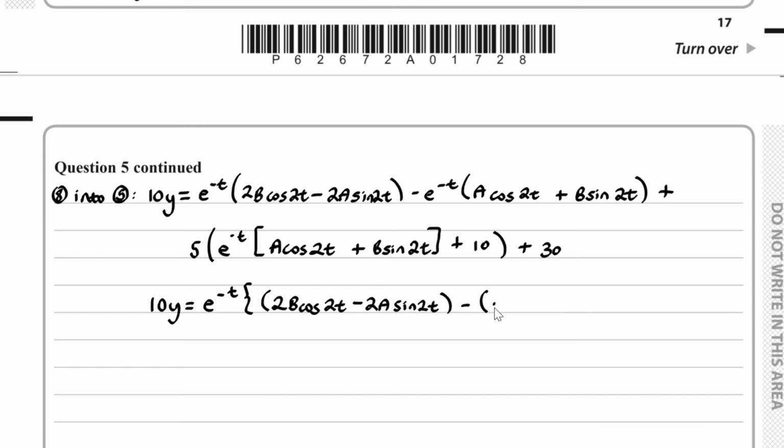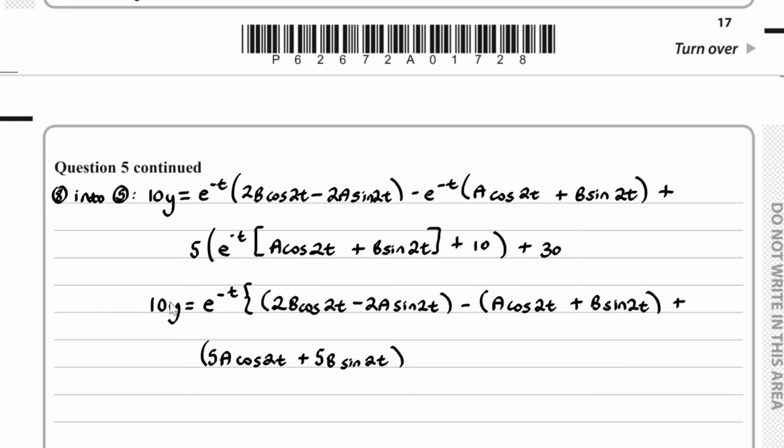So we've got minus a cos 2t plus b sin 2t, and then if I expand this 5 into this bracket, we've got 5a cos 2t plus 5b sin 2t, so 5 times by this gives me this.